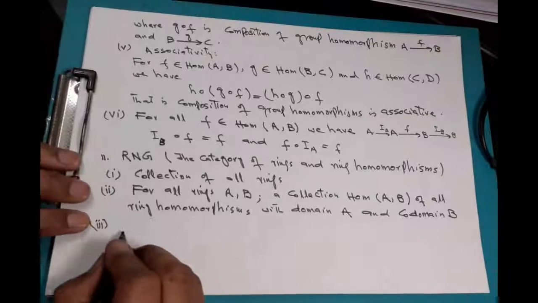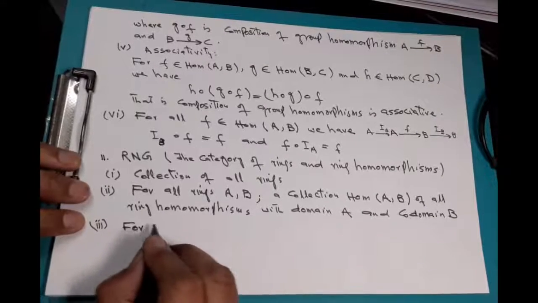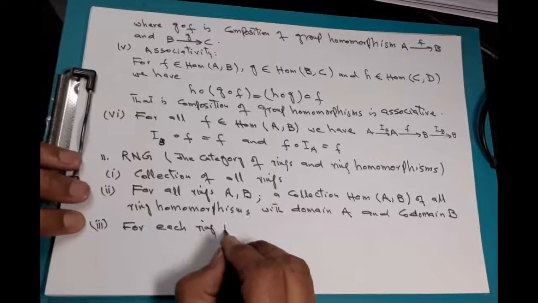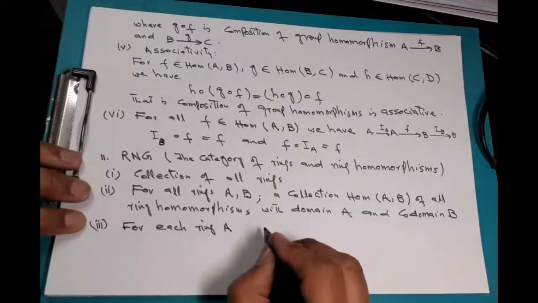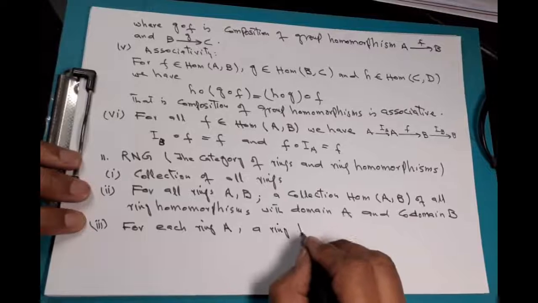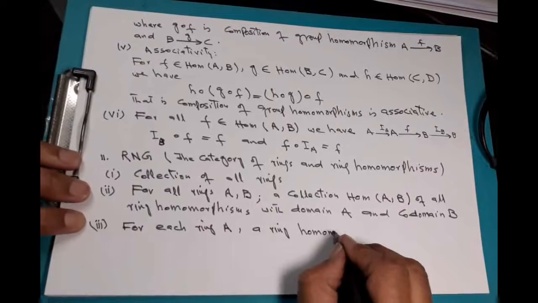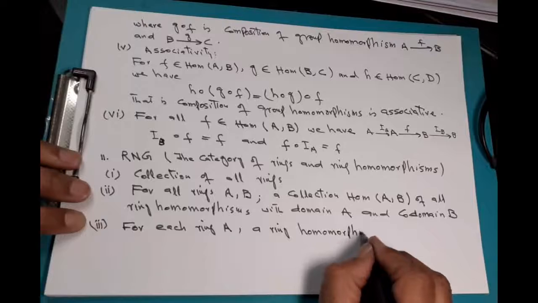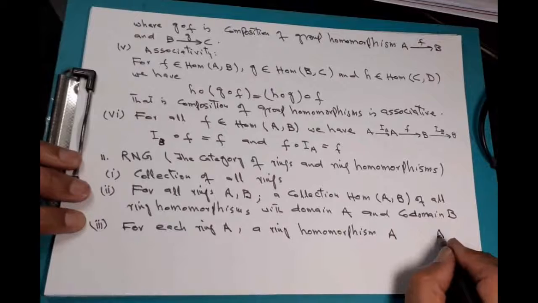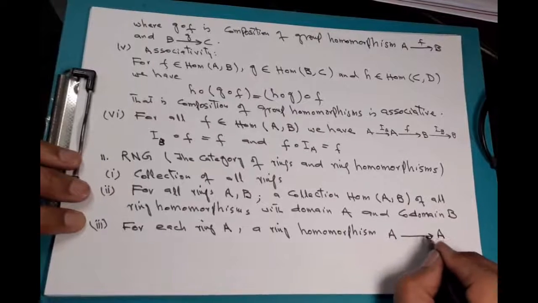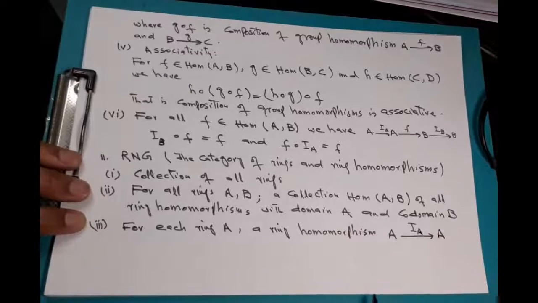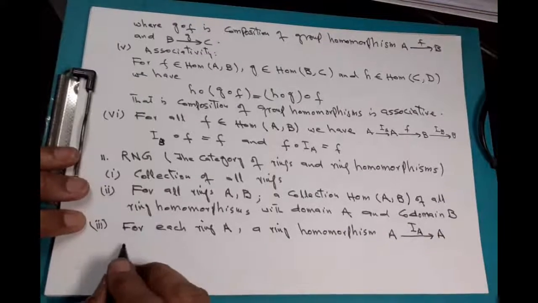For each ring A, a ring homomorphism with domain A and codomain A as well, and this is the identity ring homomorphism represented by this symbol.